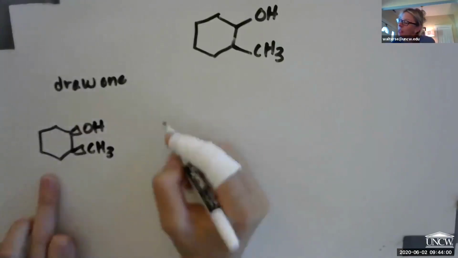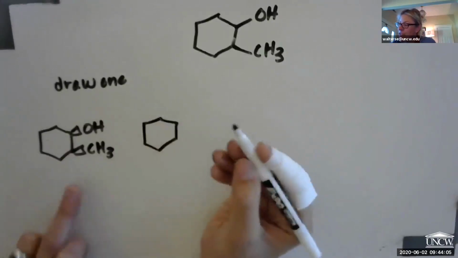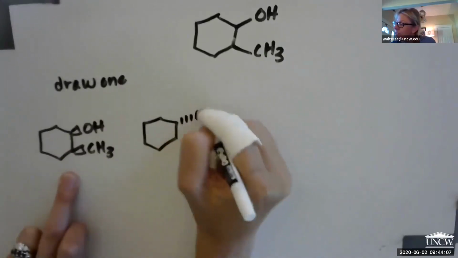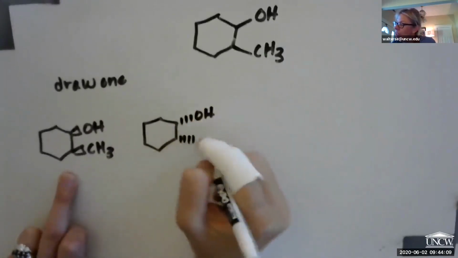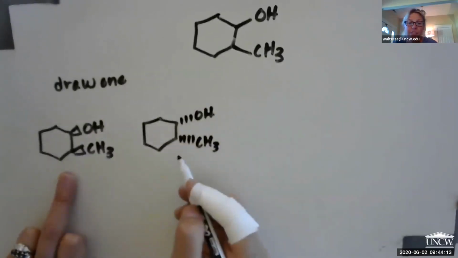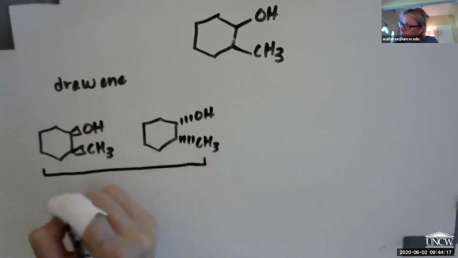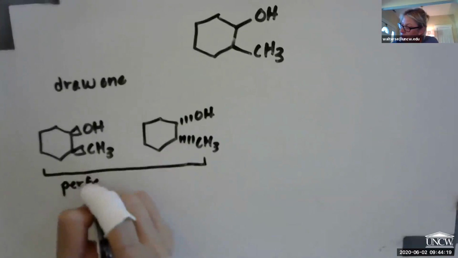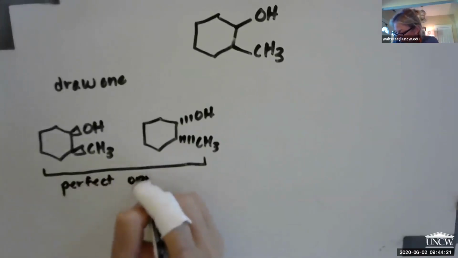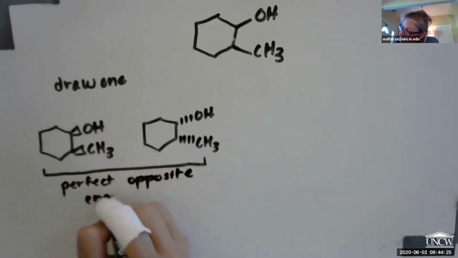Okay. The perfect opposite is to have both on, I said that wrong. So these are both wedges, these are both dashes. So this is a perfect opposite. So these are enantiomers.